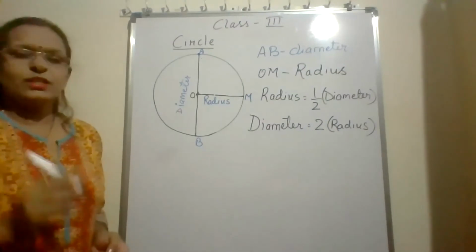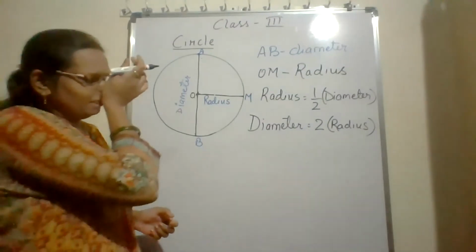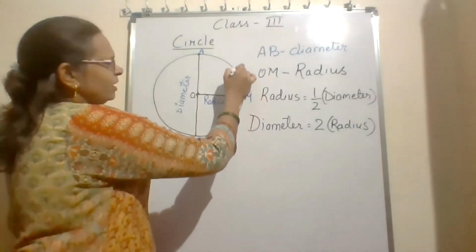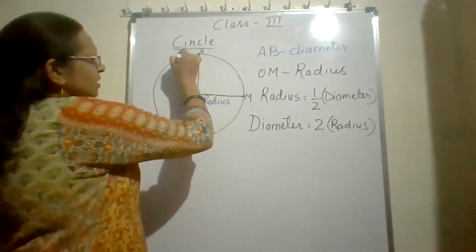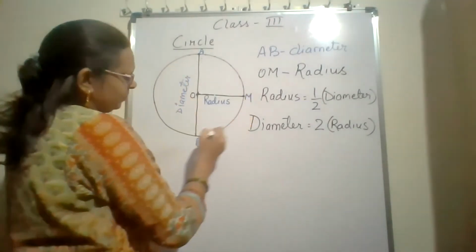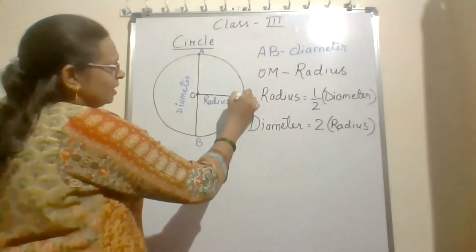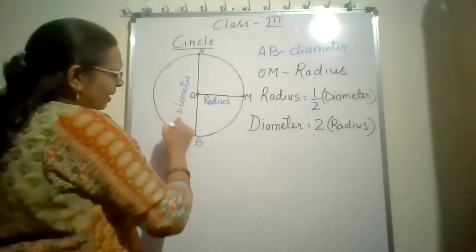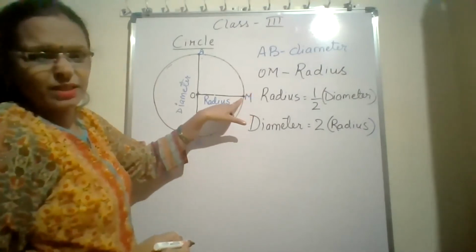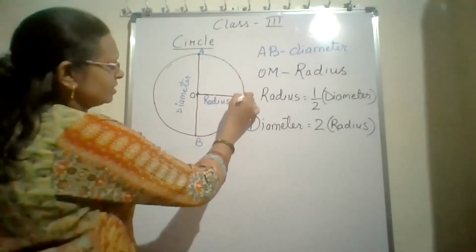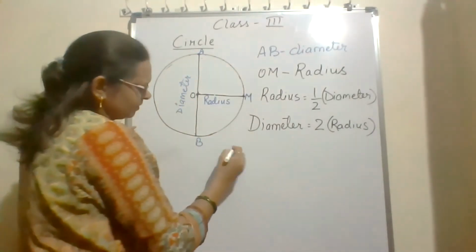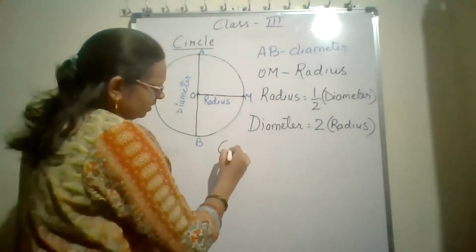Next comes, when you start running along the round path of the circle, the distance covered by you when you come back to the starting point, this whole path is called the circumference.